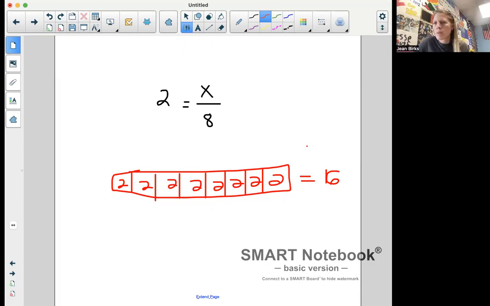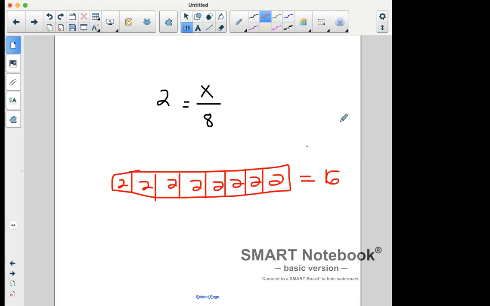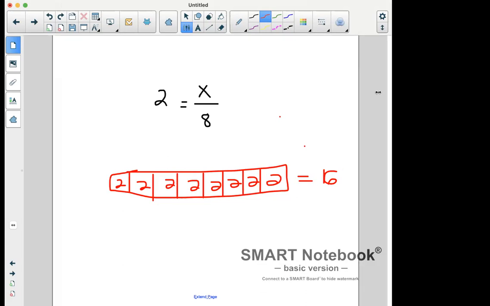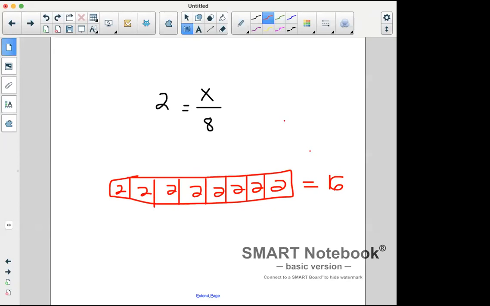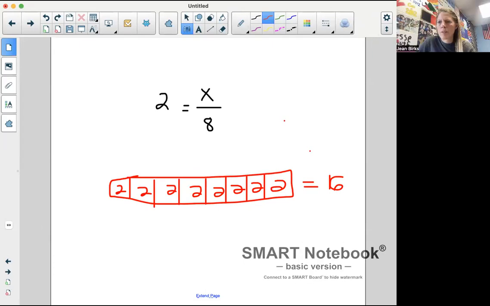I'm trying to switch screens back to something else here. Trying to figure it out, peeps.